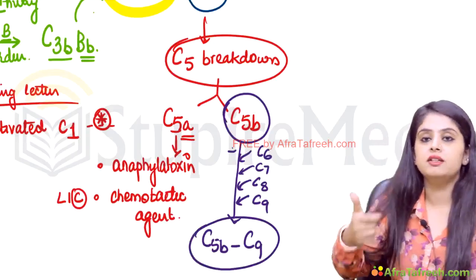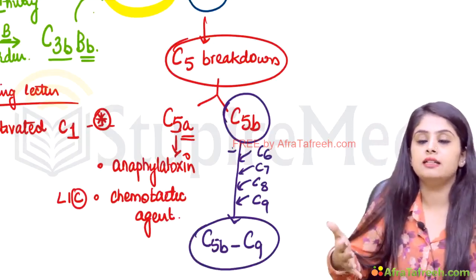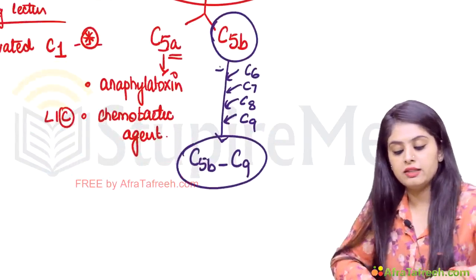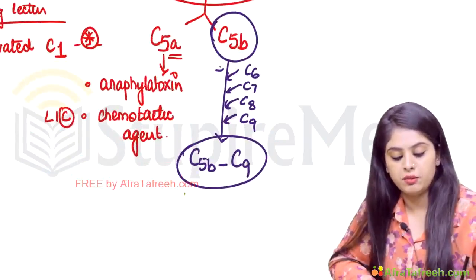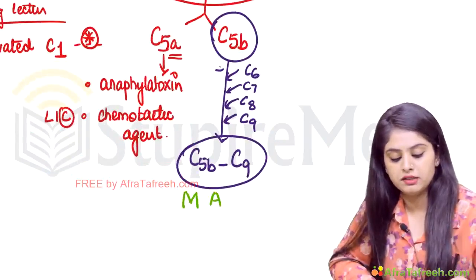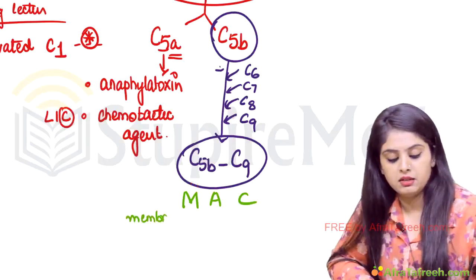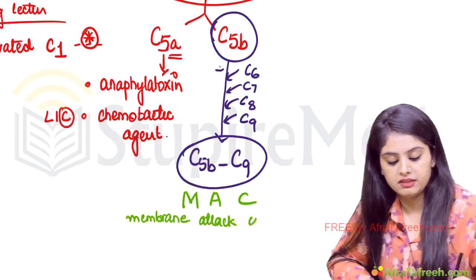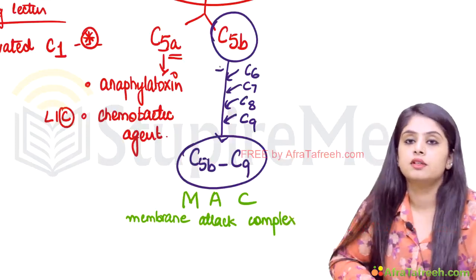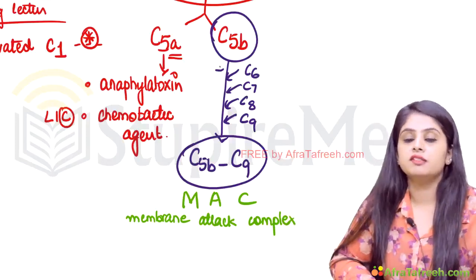So C5b, 6, 7, 8, 9. All of them will join together and result in the formation of something known as MAC. That is membrane attack complex.